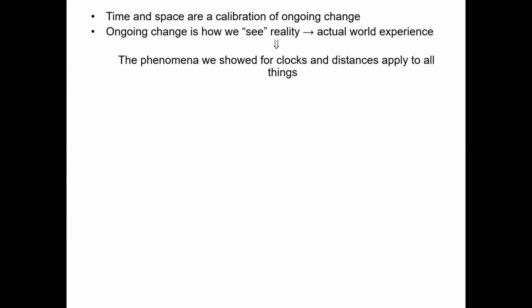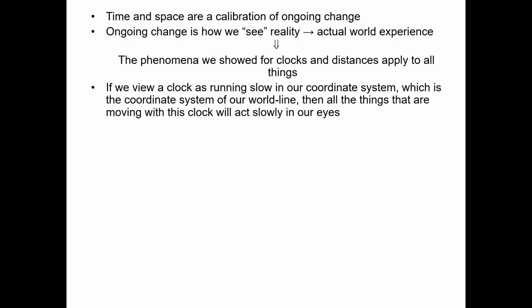And this means that the phenomena we showed for clocks and distances apply to all things. If we view a clock as running slow in our coordinate system, which is the coordinate system of our world line, then all the things that are moving with this clock will act slowly in our eyes.